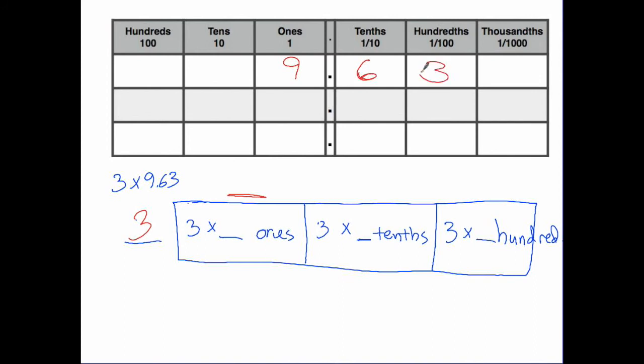And what number's in the 1's place? 9. And what number is in the 10th's place? And what number is in the 100th's place? 3. So now what do I write in the boxes below?